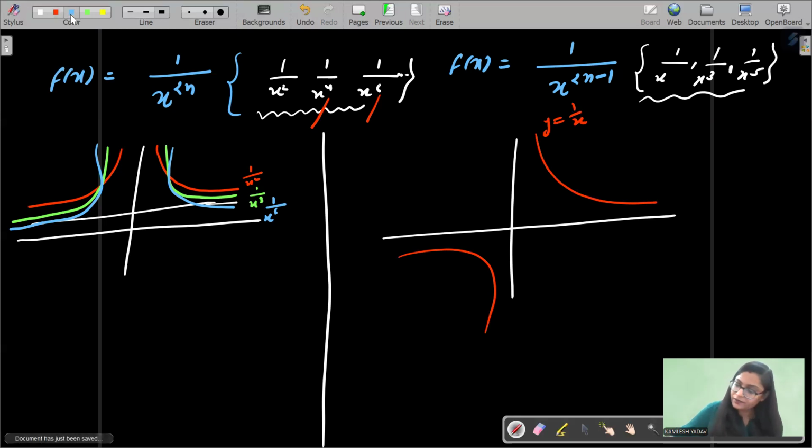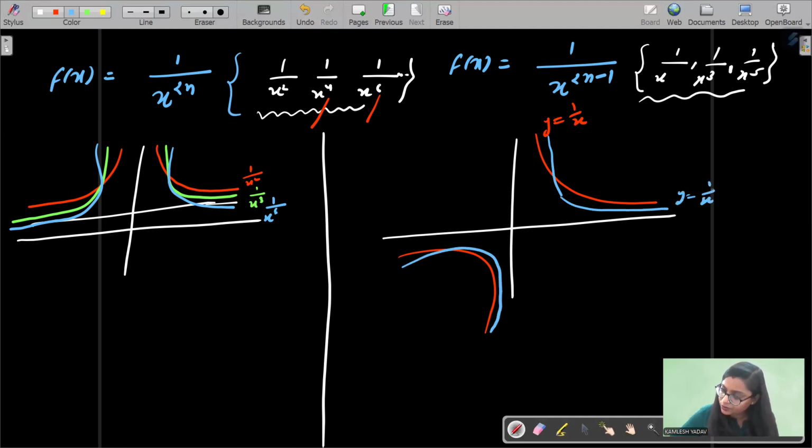Now the next graph is 1 upon x cube, which can be drawn like that, y equal to 1 upon x cube. Next one is y equal to 1 upon x to the power 5. So this is the graph representation of the rational function.